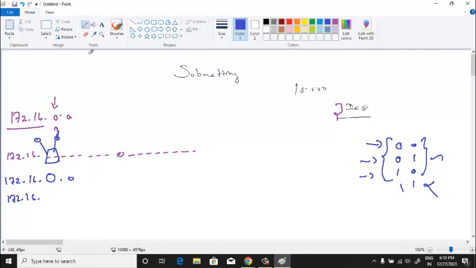If 1 is here, what is the face value? No, this is 2 to the power of 1. This bit is 2 to the power of 6. This is 2 to the power of 0. This is 2 to the power of 1, 2, 3, 4, 5, 6. That is 2 to the power of 6. What is the value there?